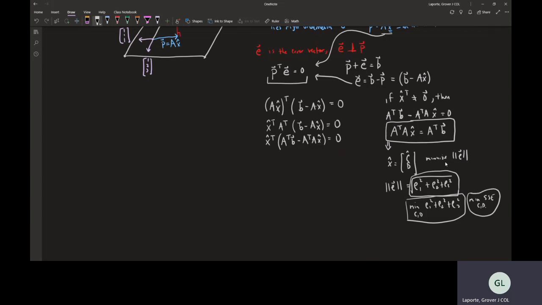Okay, so again, we're using this guy, and we're going to substitute back in and then take it back to the original problem. So remember what A is. A was 1, 1, 1, 1, 2, 3.